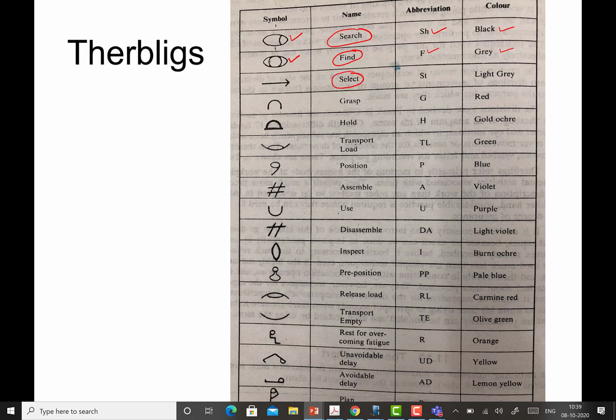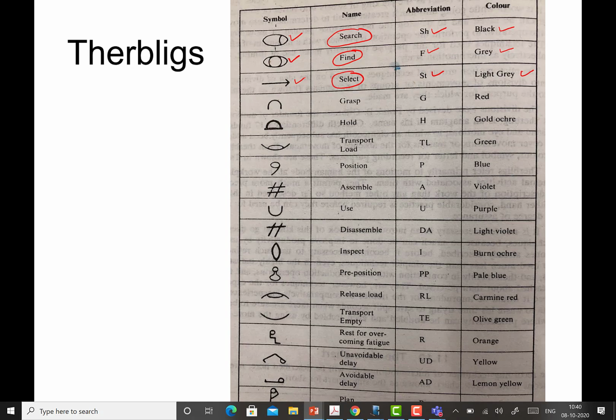Then select. Say you are looking for something and in a bunch you have got something, so there are 10 pieces and you have to pick one. Which one you will pick, you will have to select out of the lot. ST is the abbreviation, light gray is the color, and this arrow is the select symbol.